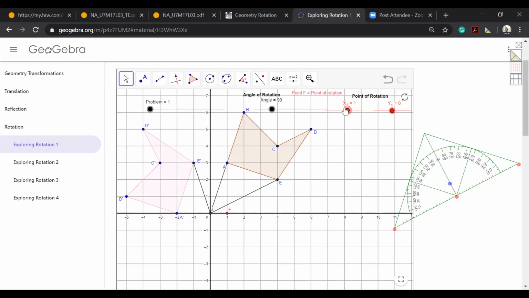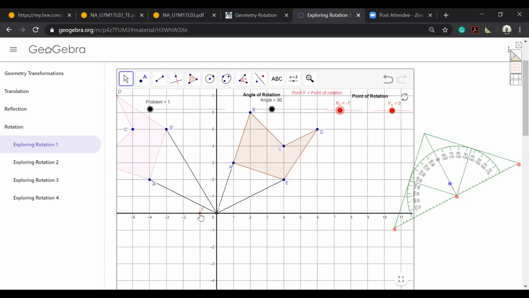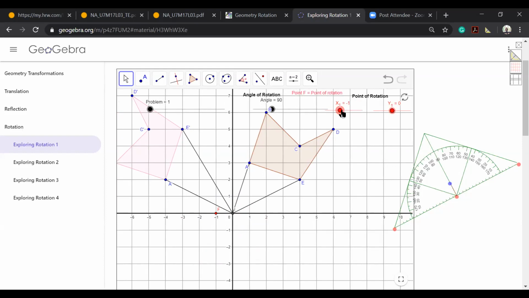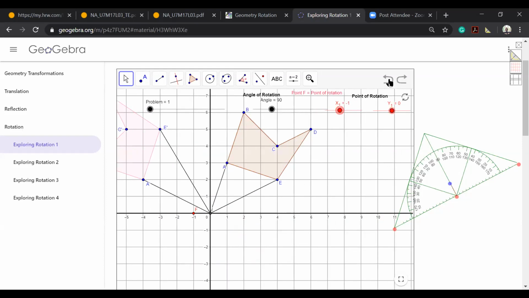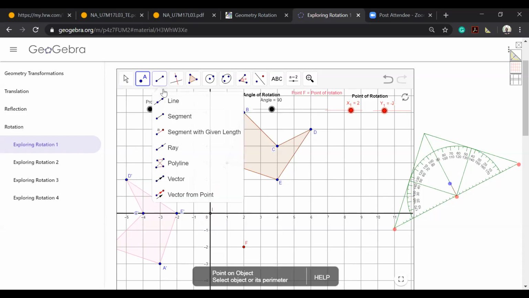If point F, which is the center of rotation, started moving, let's remove all of these lines. And then let's move the center of rotation here, for example. This is the new center of rotation. Okay? Let's see.